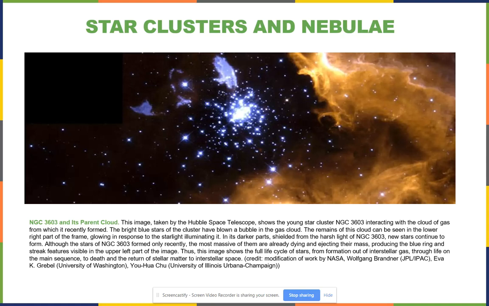Now, how thick are these clouds? A very reasonable question. The average density for a cloud in the interstellar medium, that is outside of the solar system, in the galaxy, is about 1 atom per centimeter cubed.